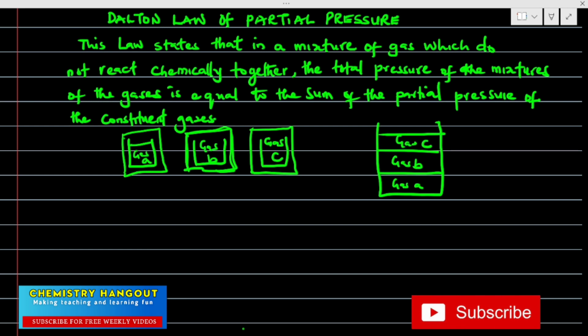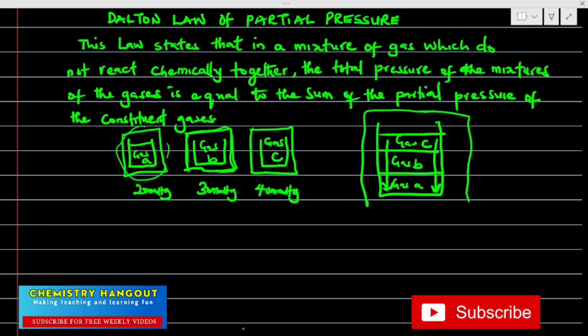The law is now saying that in as much as these 3 gases do not react together, let's say the partial pressure of gas A is 20 millimeter mercury, gas B exerts a pressure of 30 millimeter mercury, and gas C exerts a pressure of 40 millimeter mercury.